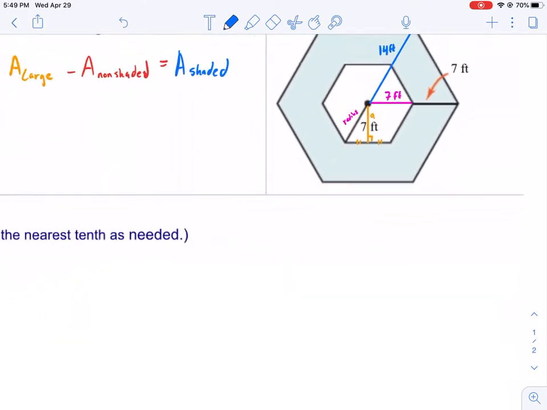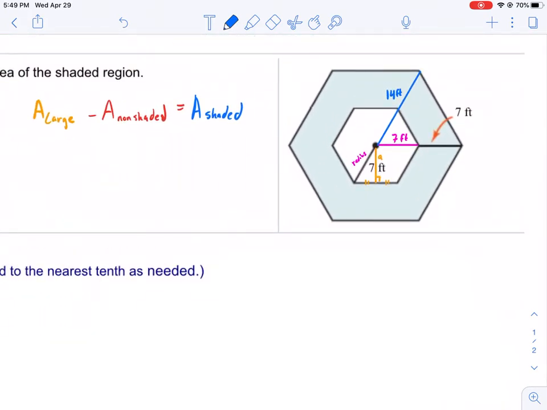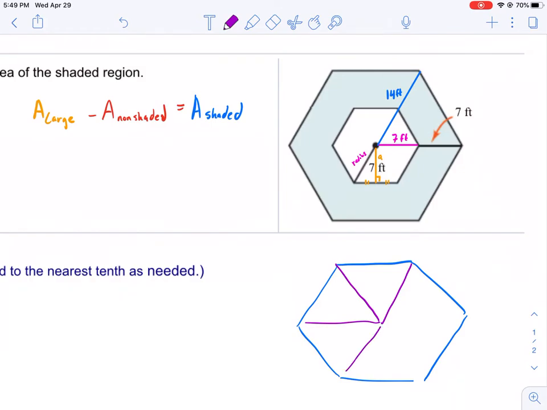Now, when we're talking about hexagons, that's actually one of the easier regular shapes to handle when it comes to solving regular polygons. The reason is, if you divide a regular hexagon into triangles, it has a special property.